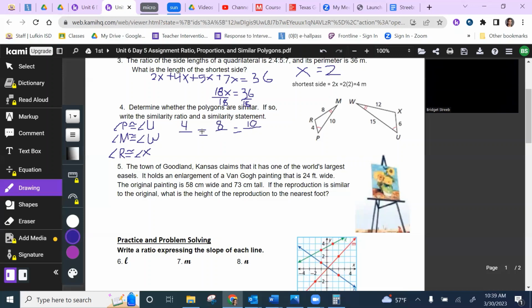And then our smallest side in the other triangle, 6, and then 12, and then 15. And 4 sixths reduces to 2/3. 8 twelfths reduces to 2/3. And 10 fifteenths reduces to 2/3. So that means that 2/3 is our similarity ratio.